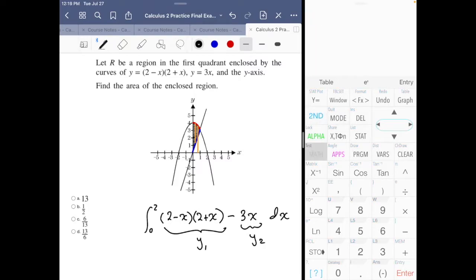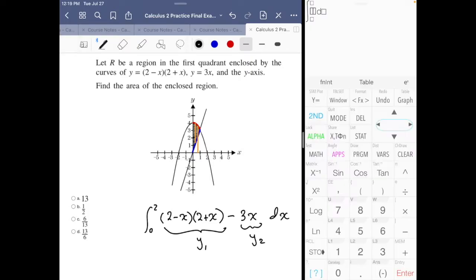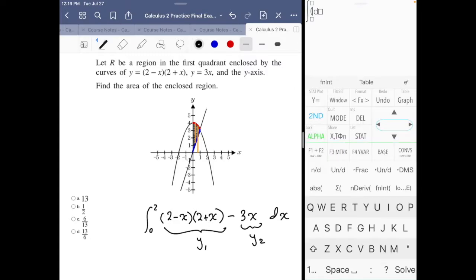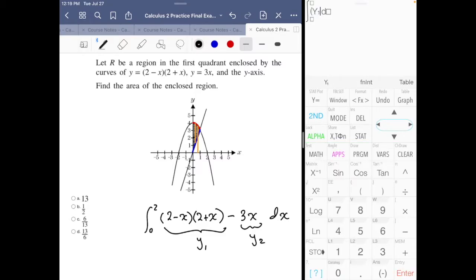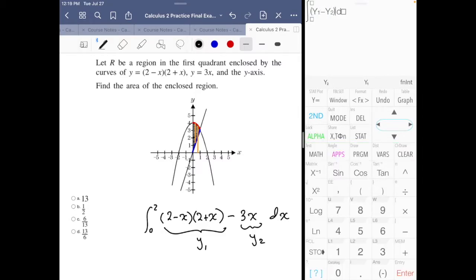So math 9. I'm sorry, math 9. Almost corrected myself to the wrong thing. Alpha trace y1 minus alpha trace y2, close it up, dx, going from 0 to 2.